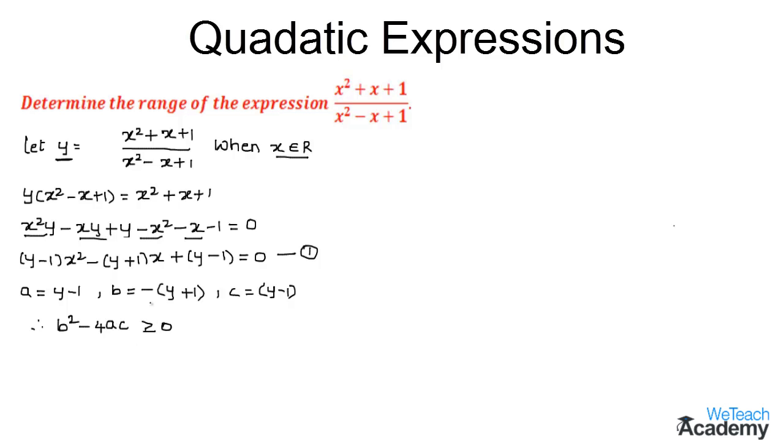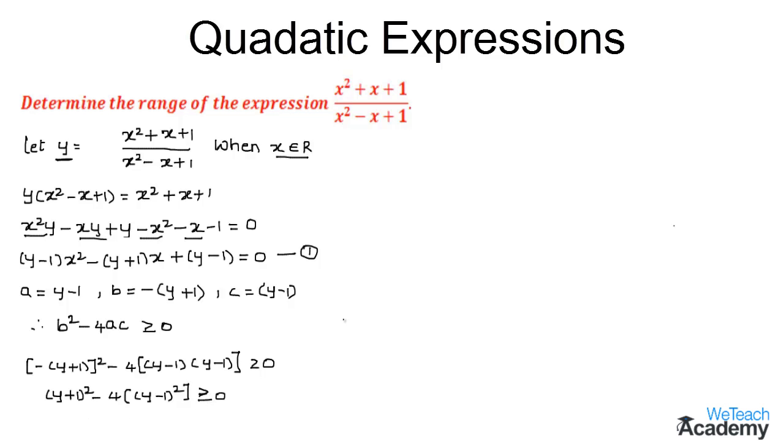So on substituting the values of a, b, c over here, we get minus of (y plus 1) whole square minus 4 into (y minus 1) into (y minus 1) greater than or equal to 0. So we get (y plus 1) whole square minus 4 into (y minus 1) whole square greater than or equal to 0.